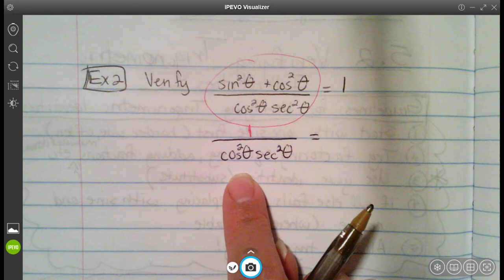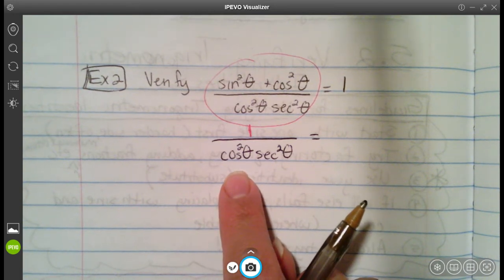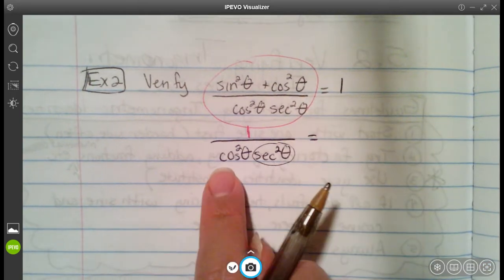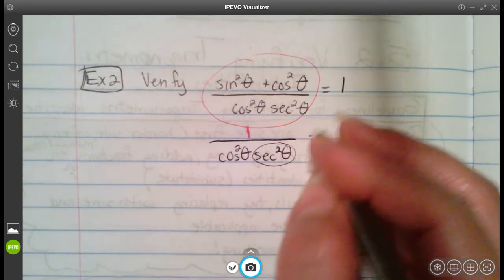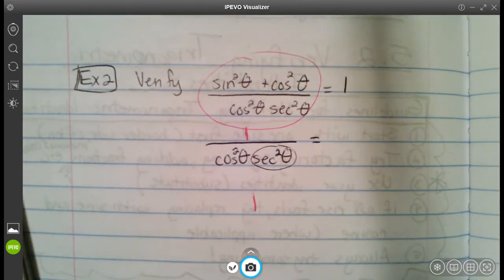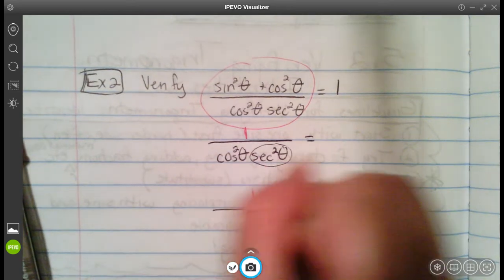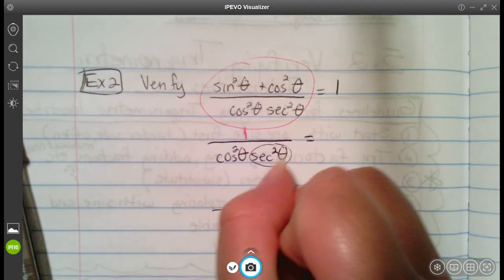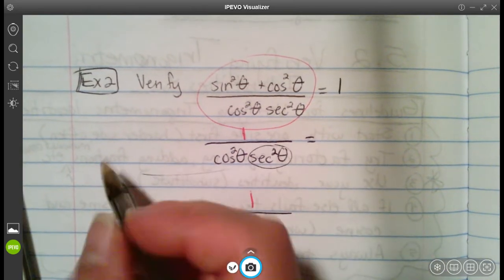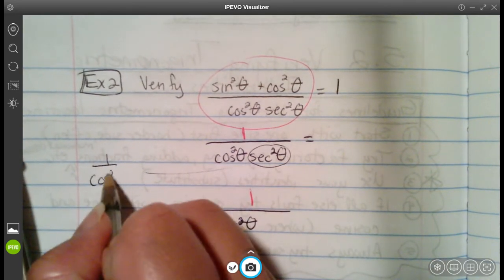So let's try replacing one of them. I'm going to replace secant squared. So we're going to be left with 1 over cosine squared theta. Now I'm going to replace secant squared with 1 over cosine squared theta.